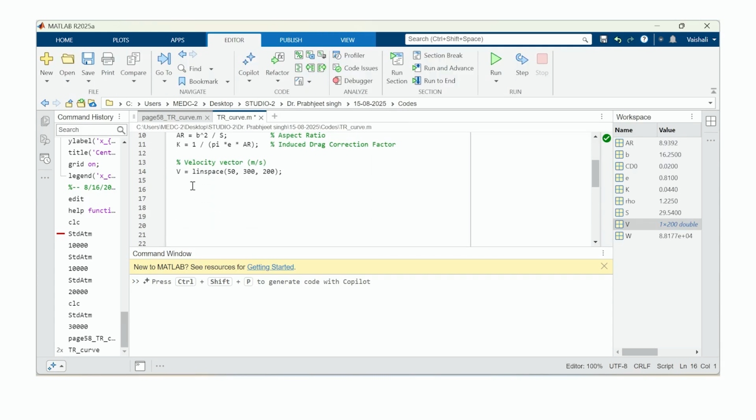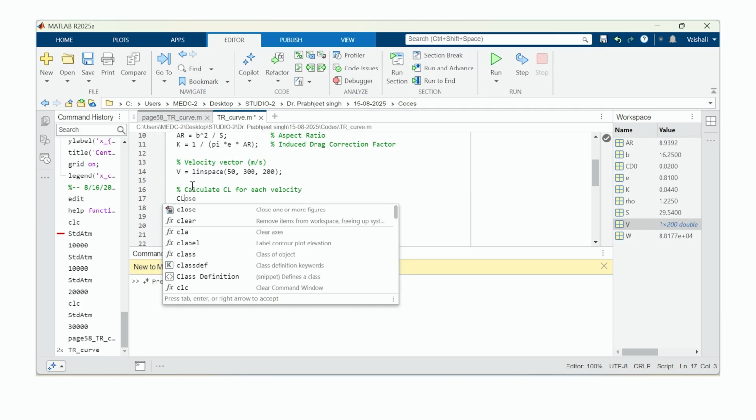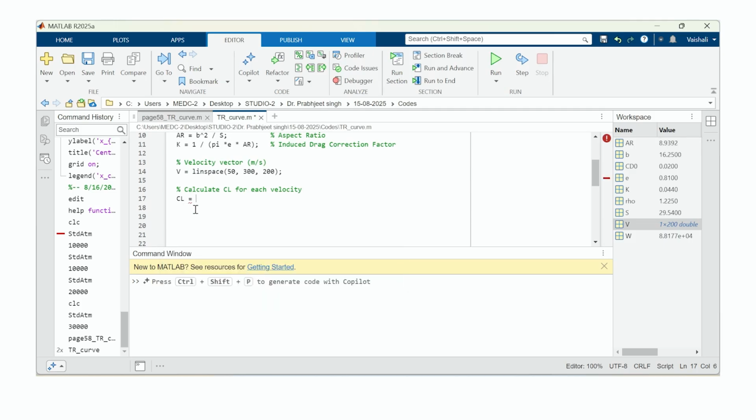Now that we have velocity, calculate CL for each velocity. Remember, velocity is a vector. We have to use element-wise operations, otherwise MATLAB will throw an error. In one of the classes I have already told this.